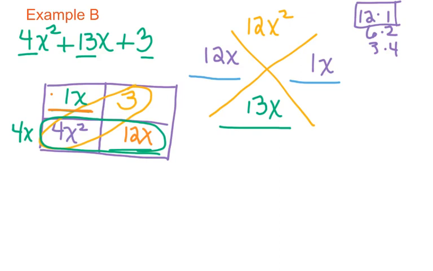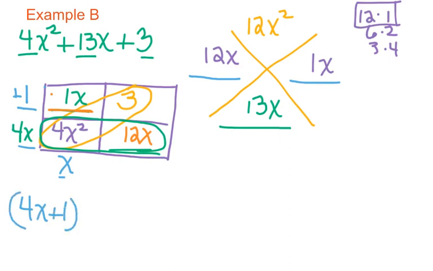Therefore, I know I can place an x in the bottom rectangle because 4x times x is 4x squared. Now, I can figure out my value right here because what do I multiply x by to get to 1x? Well, that is 1. So now I have 4x plus 1 is definitely one of my factors. And I could actually write that right here. 4x plus 1 is one of my factors.